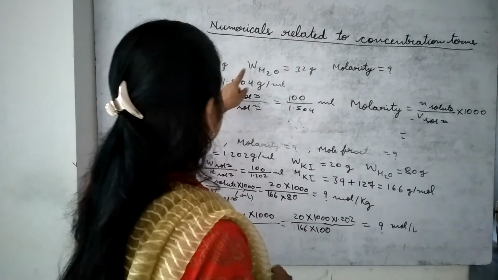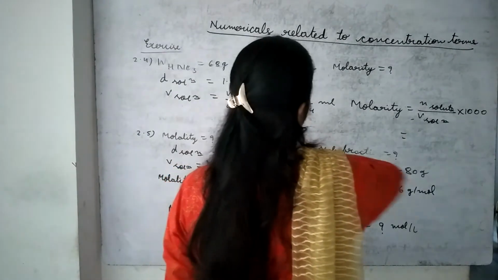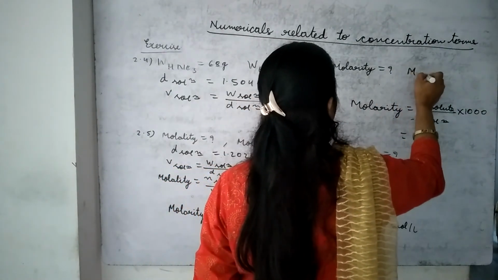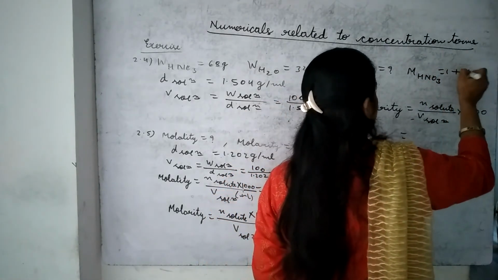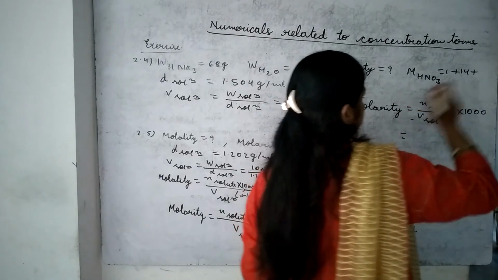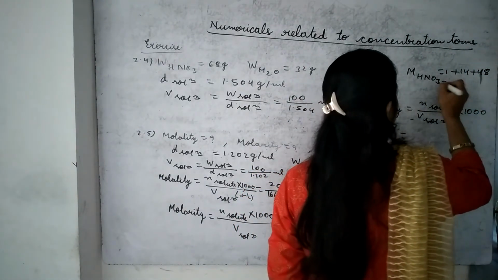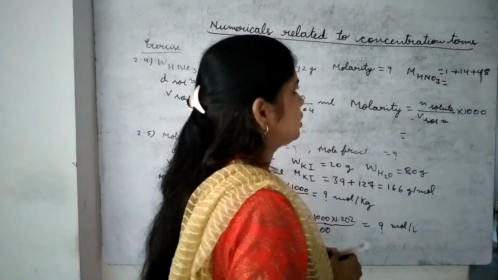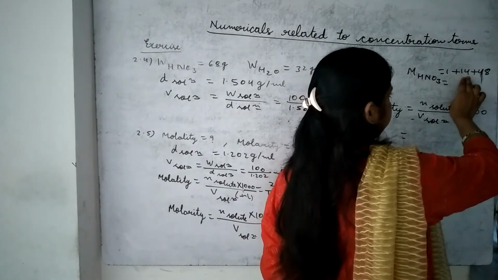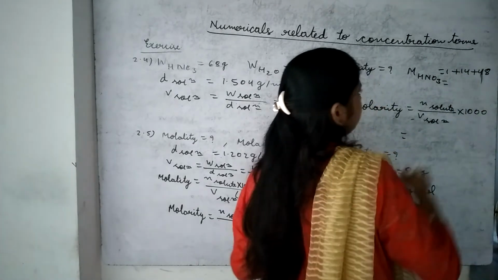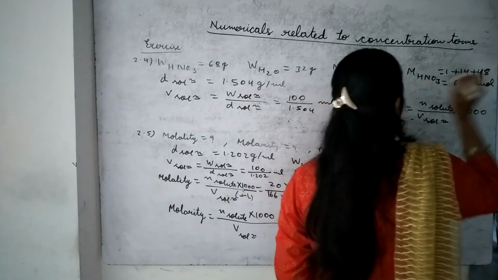Now number of moles of solute is mass given divided by molar mass. We'll find the molar mass of HNO3. This is 1 plus 14 plus 16 3s are 48. Now this is 48 and 1, 49, 49 and 14, 63. So 63 gram per mole.